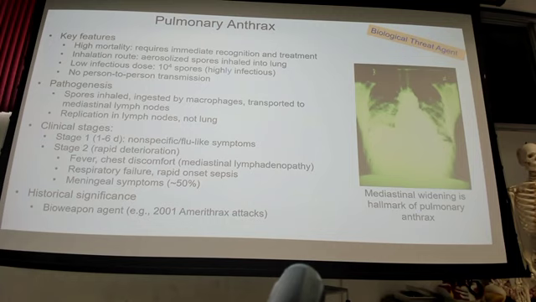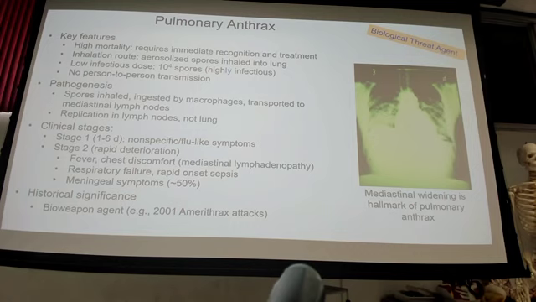So one of the classic ways to diagnose pulmonary anthrax is to do a chest x-ray and look for the widening of the mediastinum, like you can see on this chest x-ray. You haven't had radiology yet, but what you're looking at here is that widened mediastinum on this chest x-ray. It is considered to be a hallmark for pulmonary anthrax.